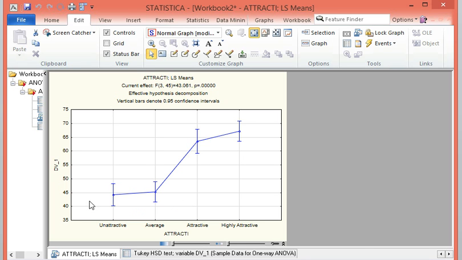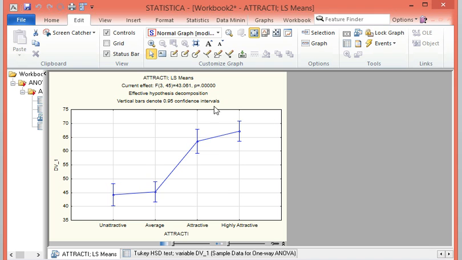So these two means are not significantly different, these two means are not significantly different, no? But these two are, and these two means are significantly different.